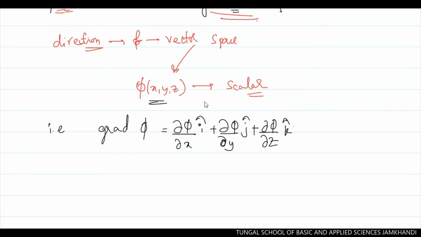Here these i, j, k are unit vectors that tell about the direction along which it is varying, right?